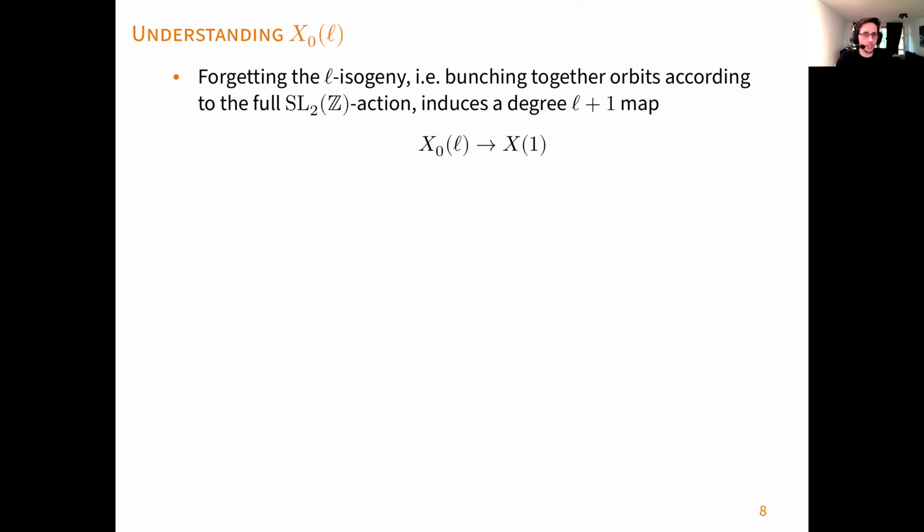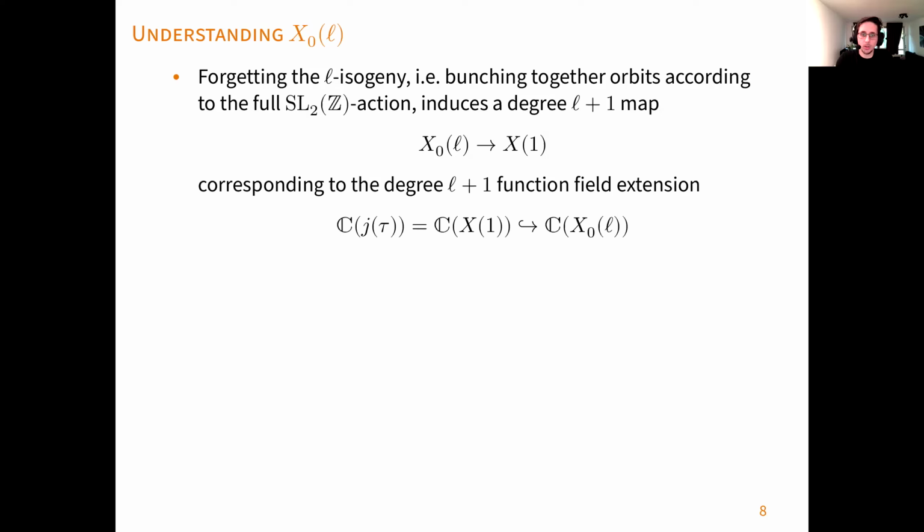And since we are dealing with curves, we also have function fields, and there such a map corresponds just to an inclusion of the function fields the other way around. So we get a degree L+1 function field extension of the field generated by the j-invariant to the function field of this curve X0L, so this field of rational functions on X0L. So now we want to understand, well, how does the second function field actually look like?